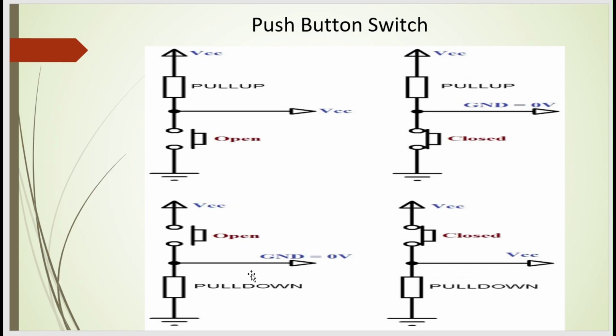The pull down configuration is further divided into two configurations, that is the pull down push button in open condition and the pull down push button in closed condition. In the open condition, the VCC is not connected and hence the output is ground. And in the pull down connection with closed condition, as it is closed, the VCC will be produced at the output.